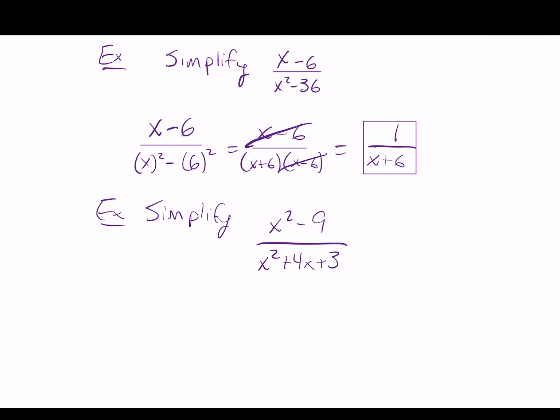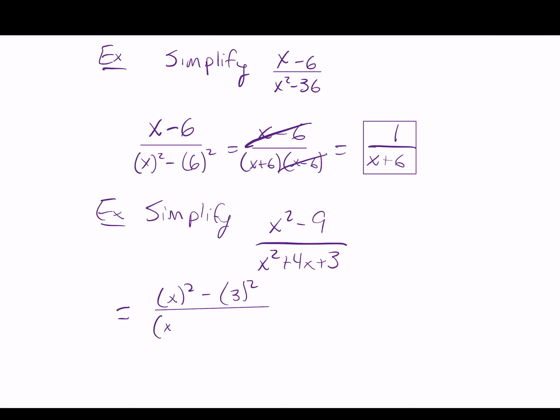So we'll first factor the numerator. And again, this looks like a difference of squares, so that's equal to x squared minus 3 squared all over, what are the factors of 3 that give us positive 4?